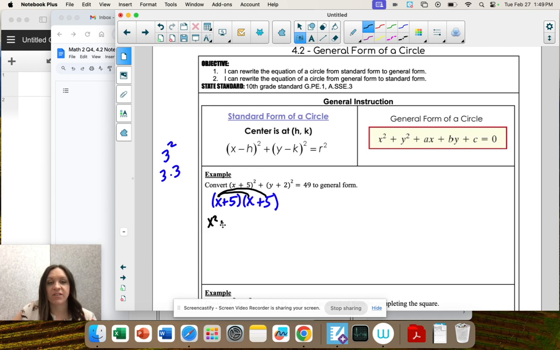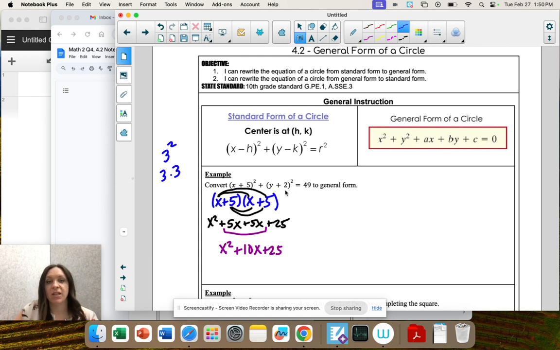X times 5 is 5x. And then you take the second term, and same thing, it has to go to both in the second binomial. So 5x, and then 5 times 5 is 25. And then the middle two always combine. So now we have x squared plus 10x plus 25.